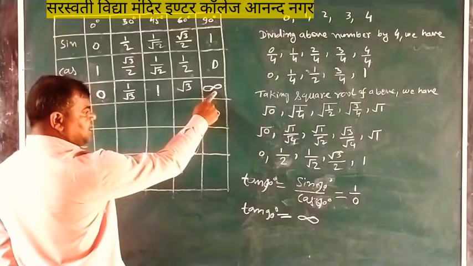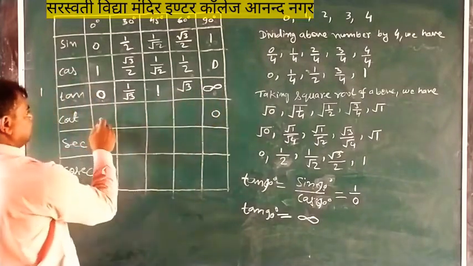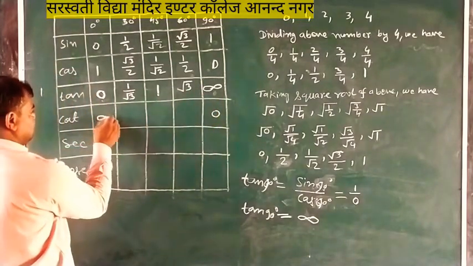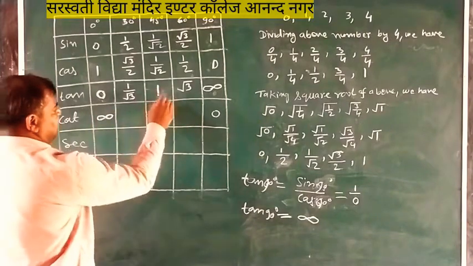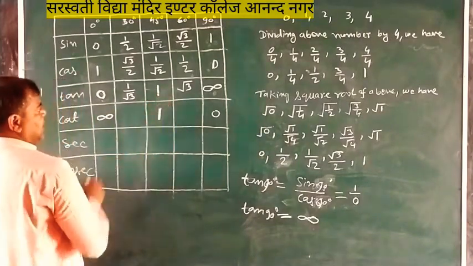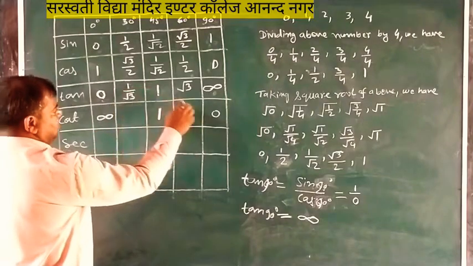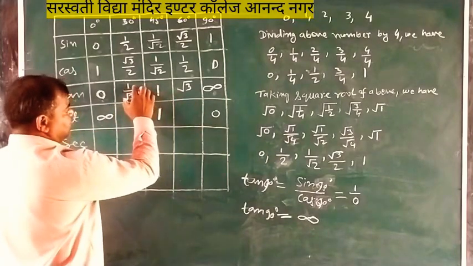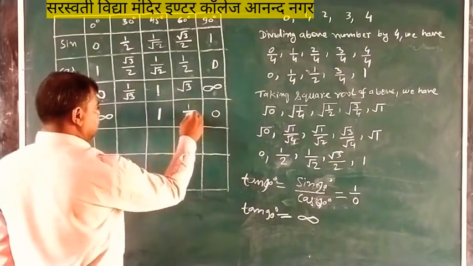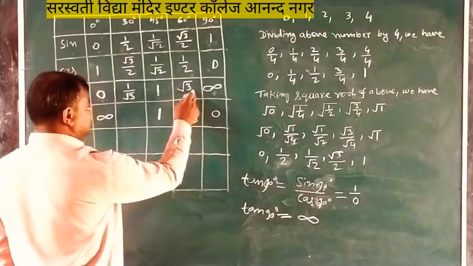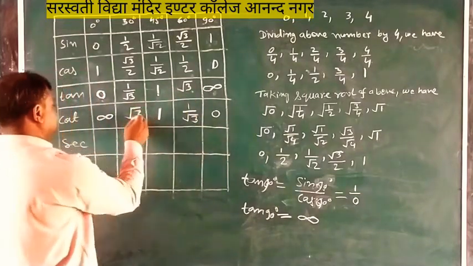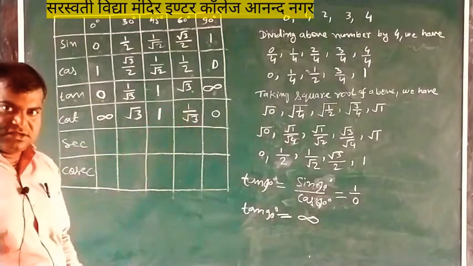Here 0 in the start, then infinite in the last. And the middle terms proceed the same way, then 1 by under root 3 becomes under root 3, and this is under root 3, we will write here under root 3. This is the value of cot.